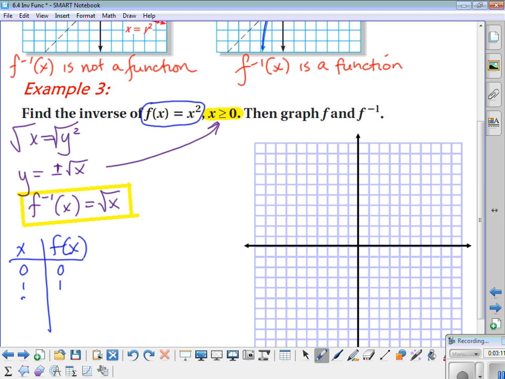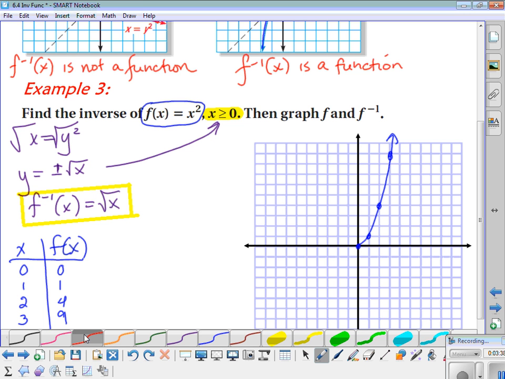If I plug in a 2 for x, what's 2 squared? 4. And 3 squared? 9. Okay. So if I plotted that, I'd have 0, 0, 1, 1, 2, 4, and 3, 9. So my graph would be half of a parabola, again, because they've only said the domain was x greater than or equal to 0.